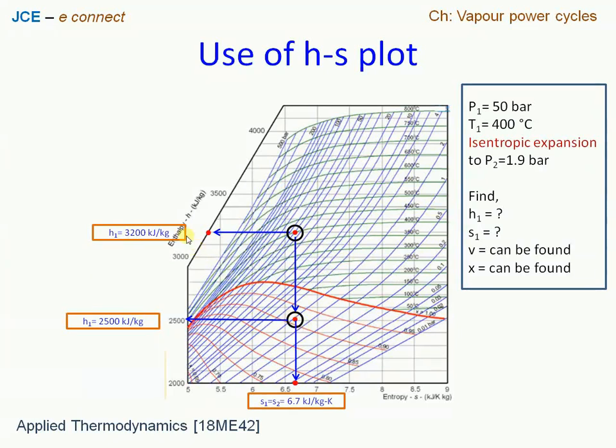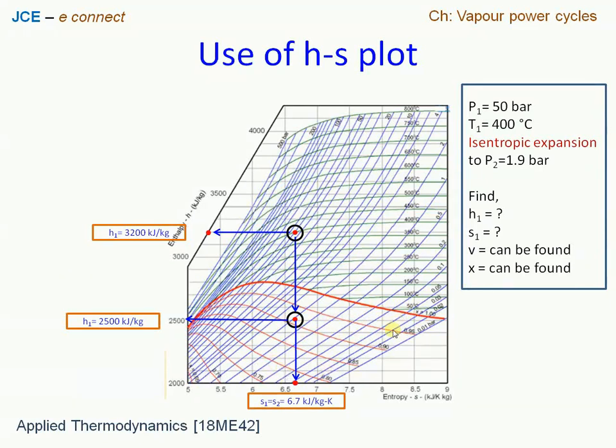So likewise we can get data related to enthalpies, entropies, and also dryness fraction. And we can also find out the specific volume if we had the curves here extending. Similarly one can find out the temperature at this point if we had temperature scales.